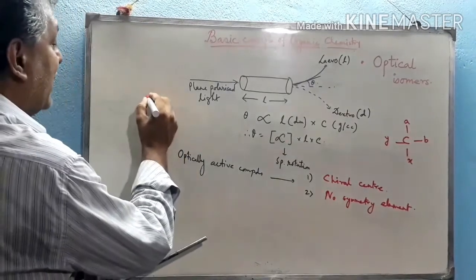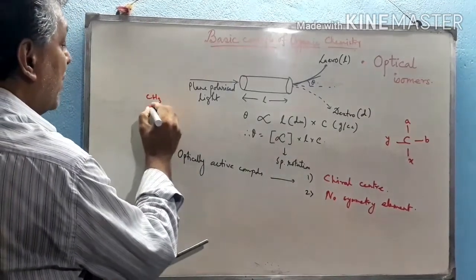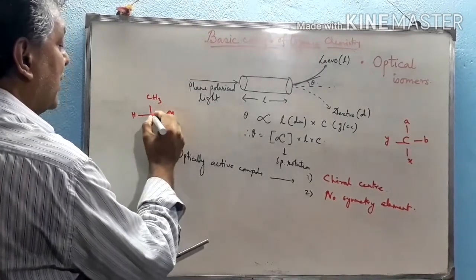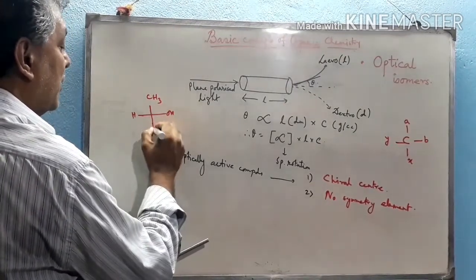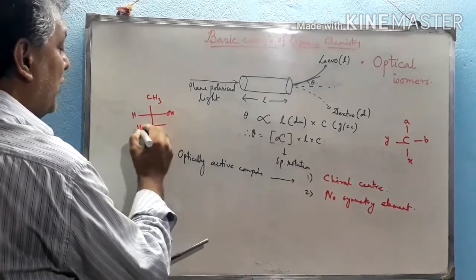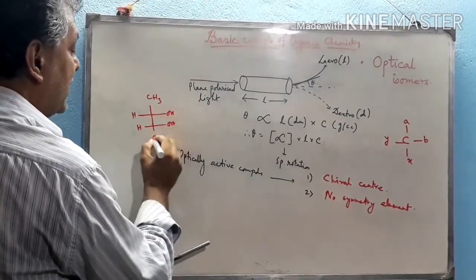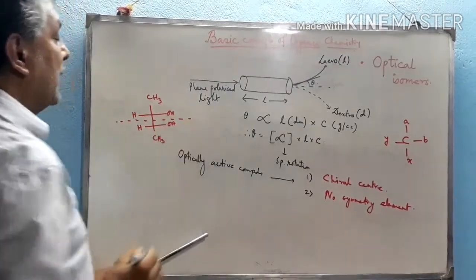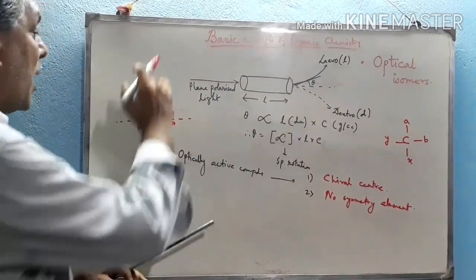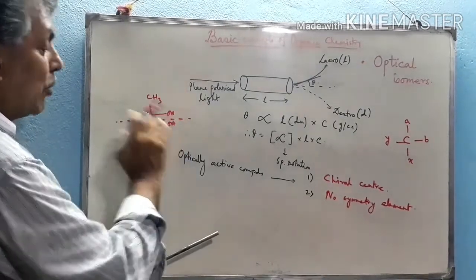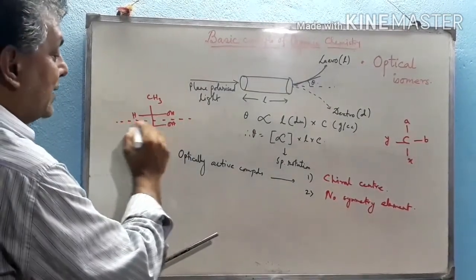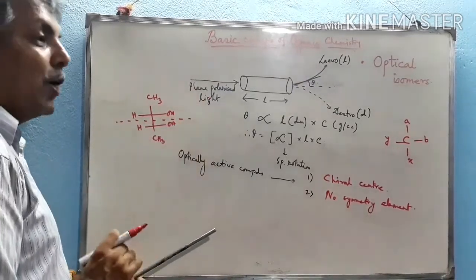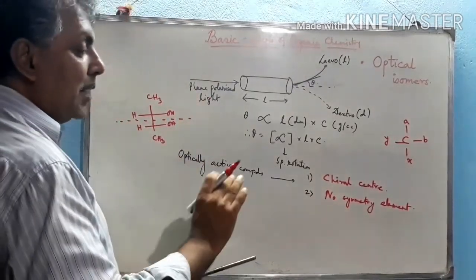Suppose a compound like this, CH3 CHOH, with carbon atoms here, CHOH, and here CH3. If we draw an imaginary line through the midpoint of this compound, the upper part is the mirror image of the lower part. That's why we say this is symmetric, and this is called the plane of symmetry. So, no symmetry element.